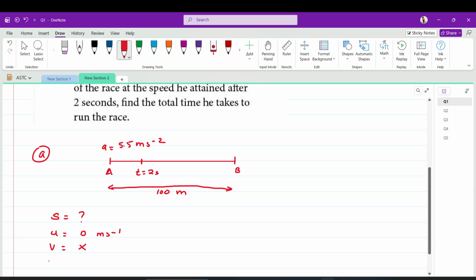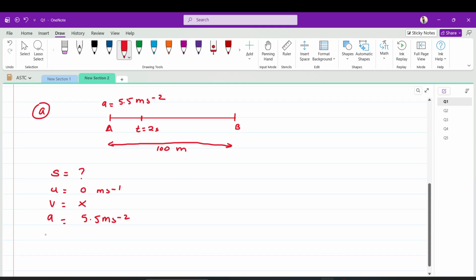We are not interested in that. a is 5.5 meters per second square and t is equal to 2 seconds. So we know u, we know a, we know t, and we need to find s. So the equation that links all of these four variables is s is equal to ut plus half at squared.